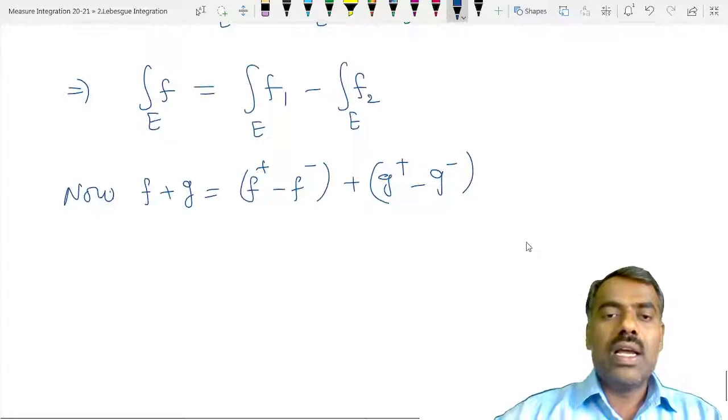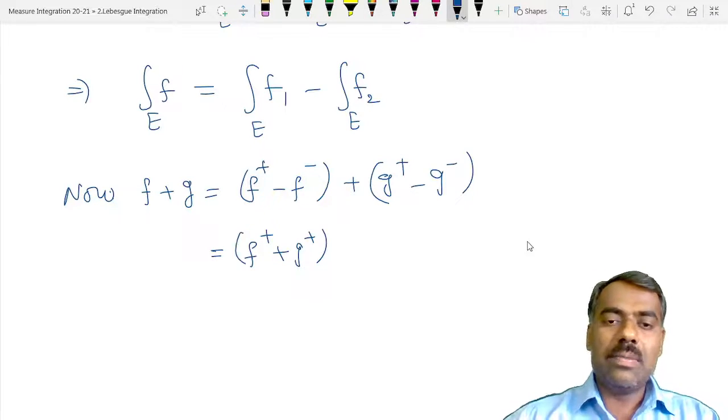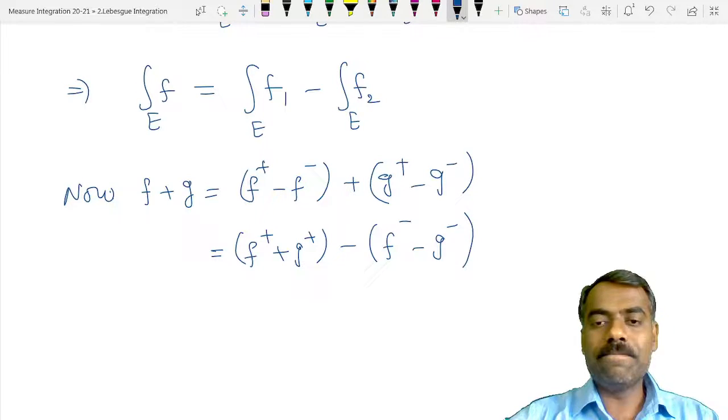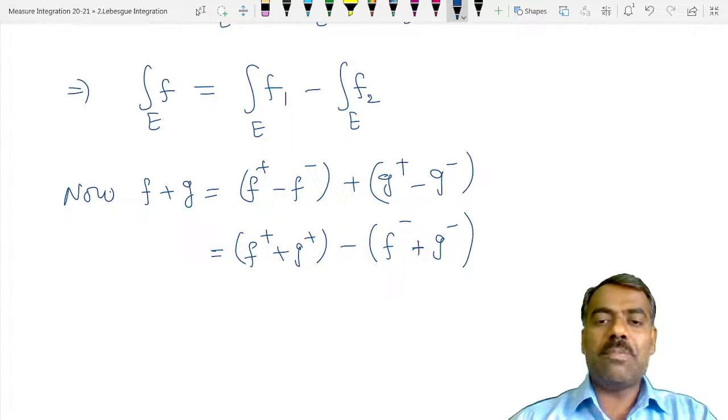Any problem? Now, if you rewrite this, it is the same as f plus plus g plus minus f minus plus g minus. Is this clear? If I take minus common, then it is f minus plus g minus.